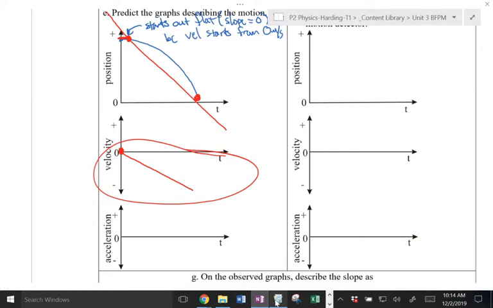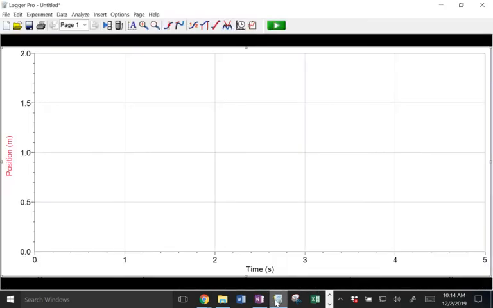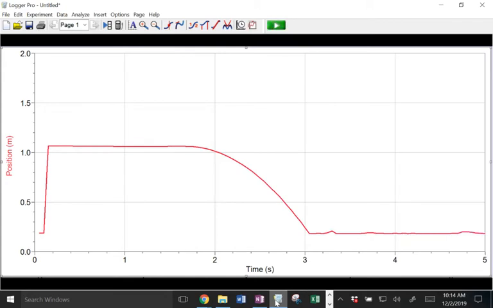All right, so let's go do some of this business. Position time graph. Let's see, the cart's got to go down the ramp. I almost stopped it. So position time graph shape.